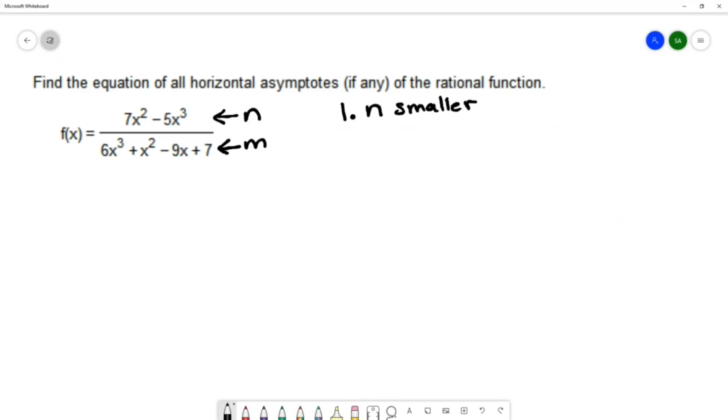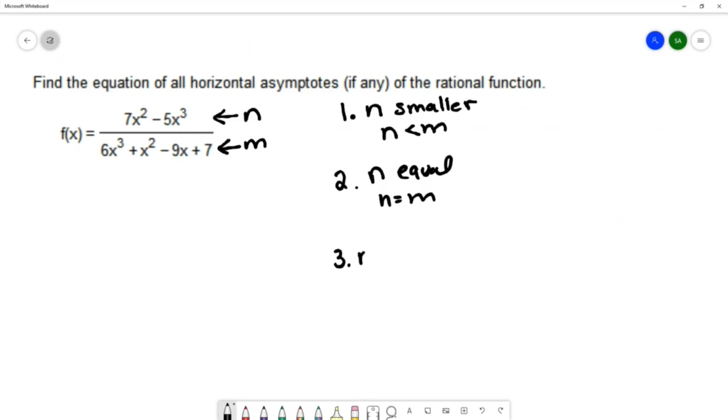In symbols, we write that as n being less than m. The second case involves the 2 degrees being equal to each other, so n equals m. The third case involves n being larger than m, but by only 1.